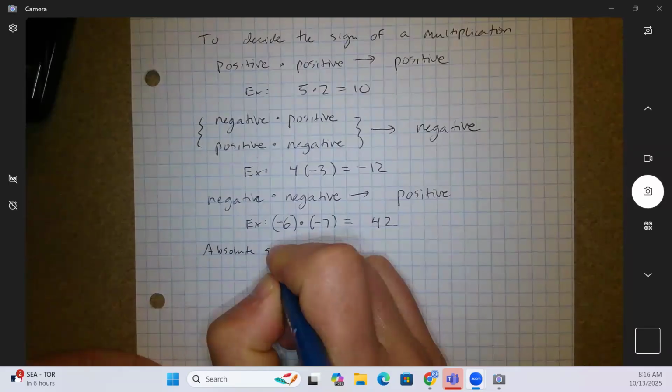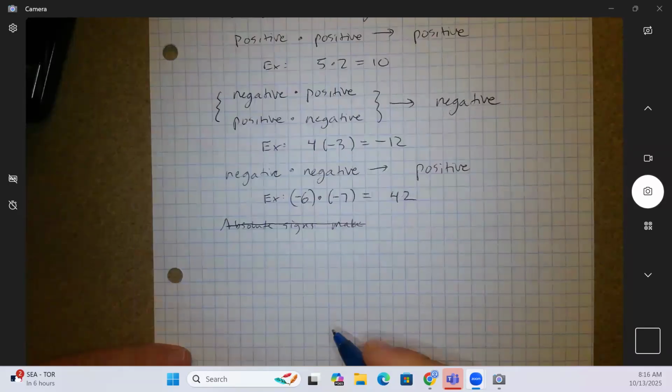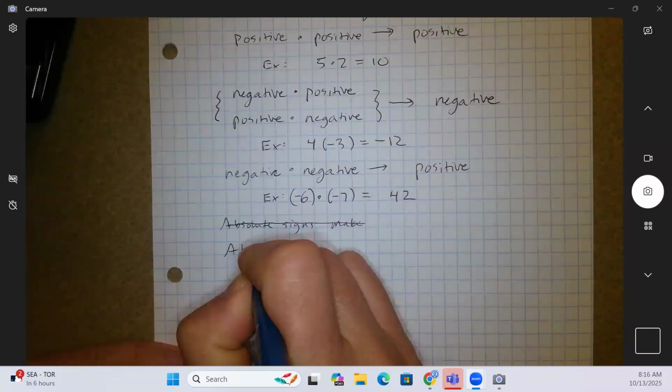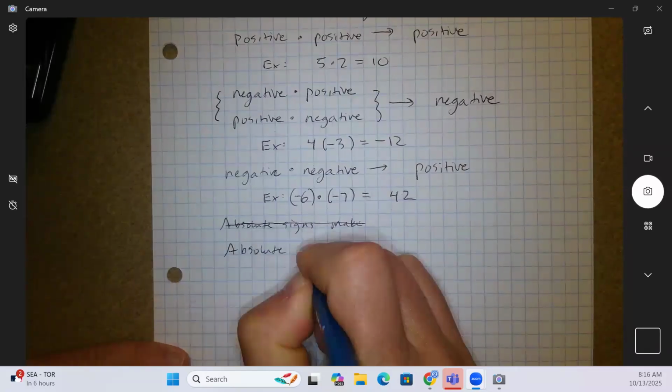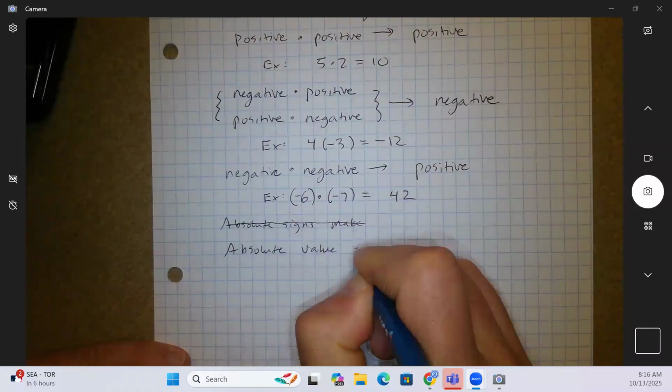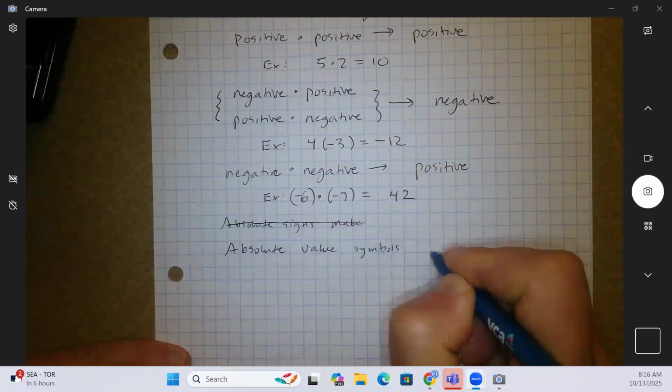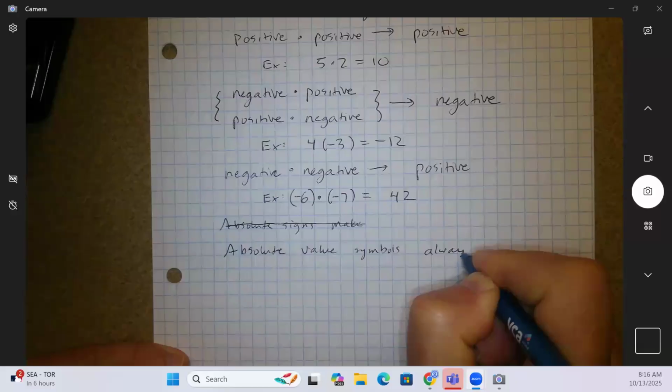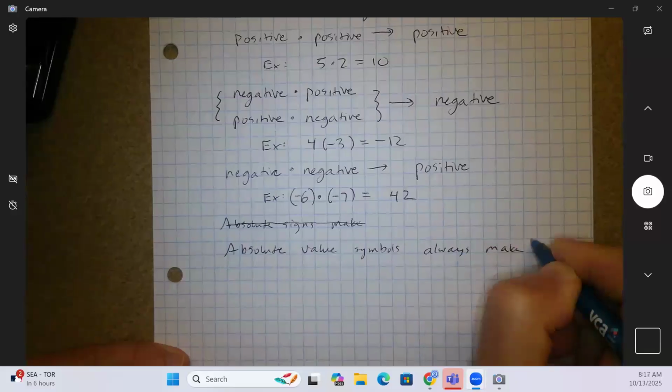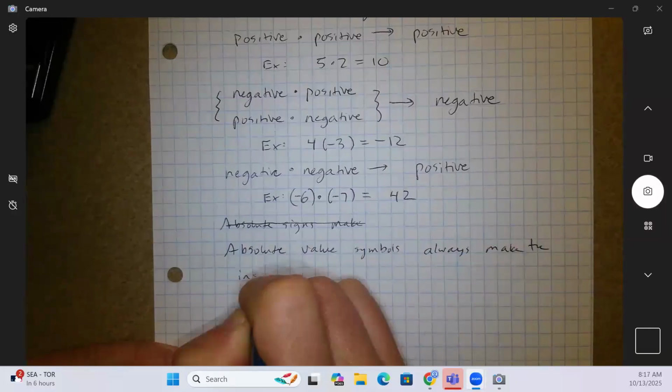Let me write that again. Absolute value symbols always make the inside positive.